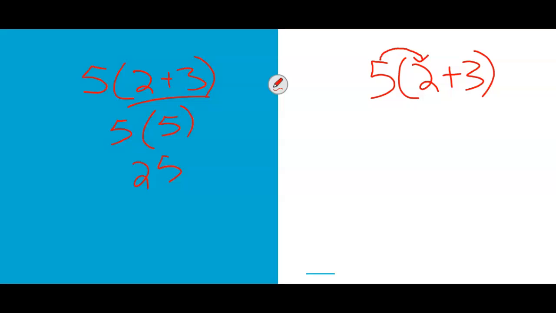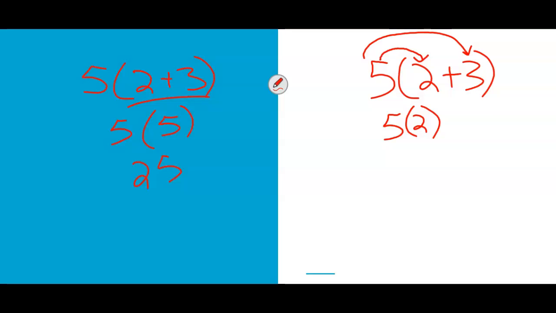Okay, so what would the operation of 5 and 2 be here, you think? Liam? 5 times 2. Perfect. It would be multiplication because this is a 5 parentheses, so it's multiplication. So it's 5 times 2. Then I'm going to distribute the 5 to the 3.